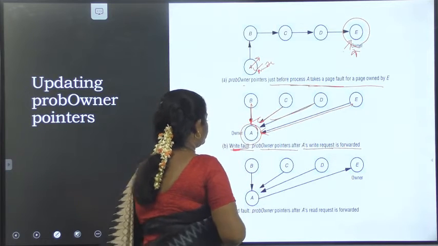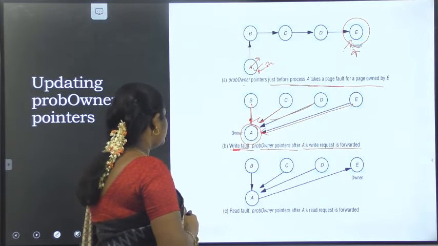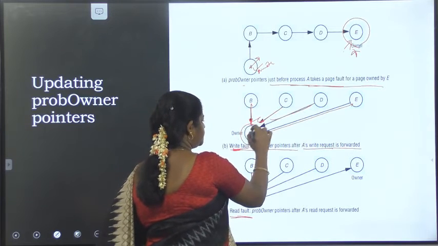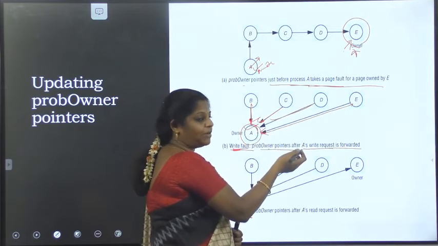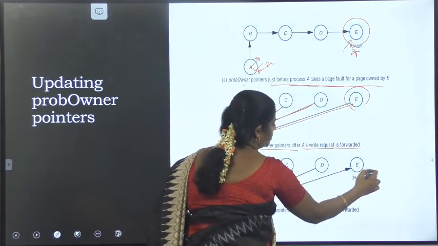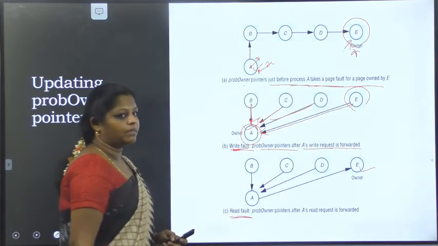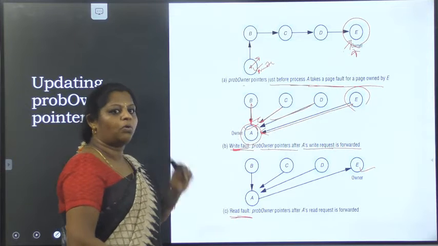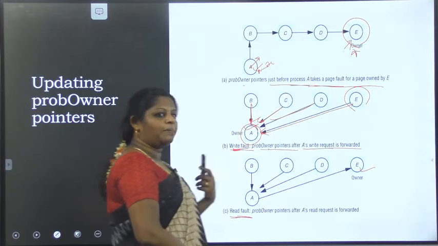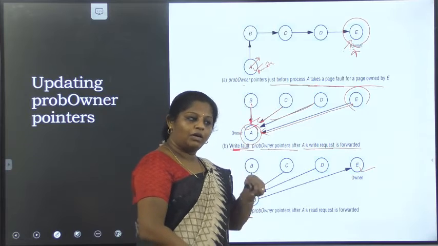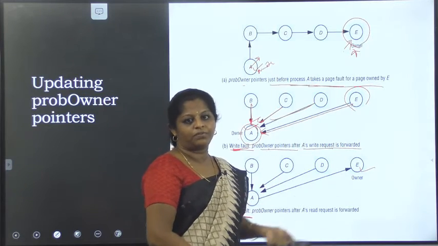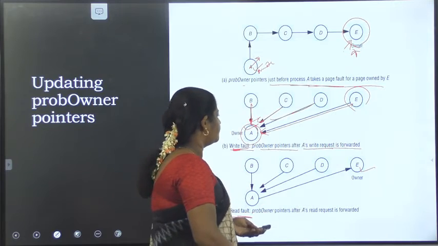If it is a write fault, the requesting process becomes the owner. If it is a read, the same E remains the owner, because only a writing process takes over ownership. There is no change of owner on a read.